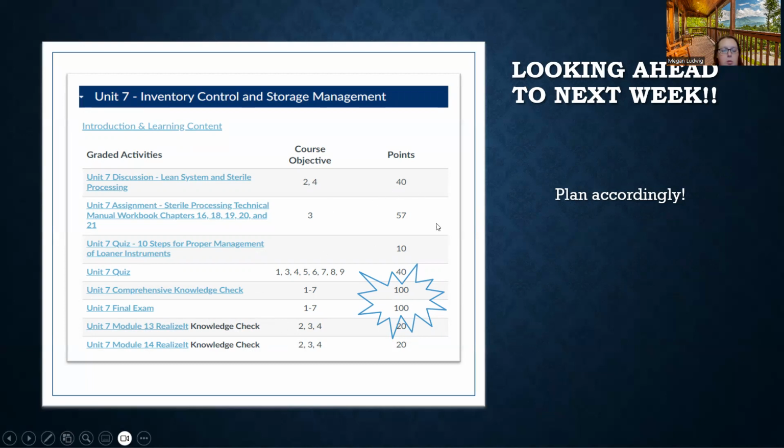You also have your workbook, typical discussion, so there's a couple extra things here that you don't want to miss. It might seem repetitive, but they're two different items. So make sure you get both of those, the Unit 7 comprehensive knowledge check and the final exam. Both of those need to be in, okay? You don't want to take zeros for those. All right, so plan accordingly.